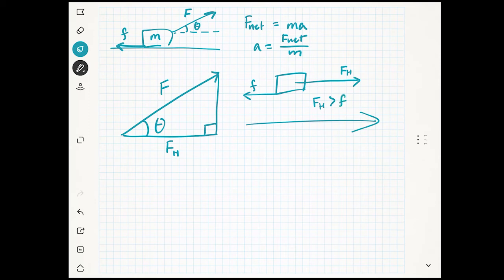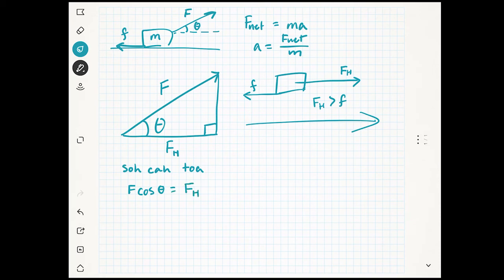So now we just gotta solve for FH, and for FH we use our trigonometric ratios. We have SOH CAH TOA, and what we have right now gives us cosine. So F cosine theta equals FH.